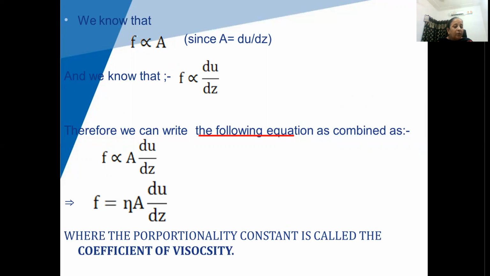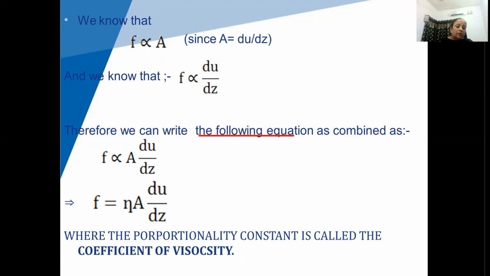And on removing the proportionality sign, we get a constant eta, which is known as the coefficient of viscosity. So we can define coefficient of viscosity as the force required to maintain the flow of layers when the area of contact is unity and the velocity gradient is also unity. This coefficient of viscosity has units Newton second per meter square.